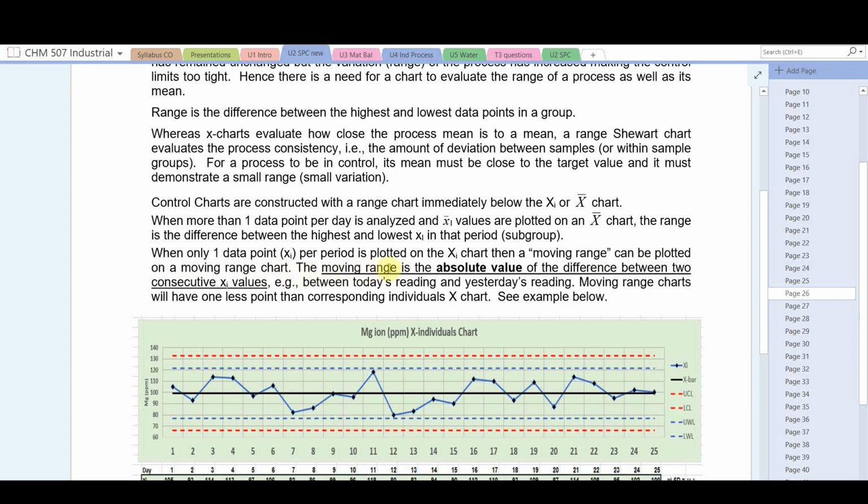So the moving range is the absolute value of the difference between two consecutive individual values. We don't want negative differences. We're looking at magnitudes, so it's the absolute value of the difference between two consecutive daily values, say between today's reading and yesterday's reading. And thus moving range charts will have one less point than the corresponding individual's chart.